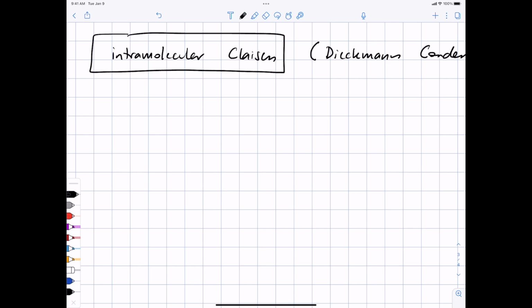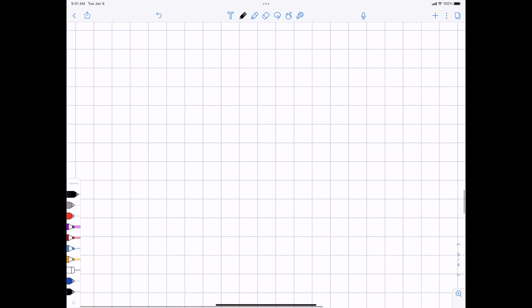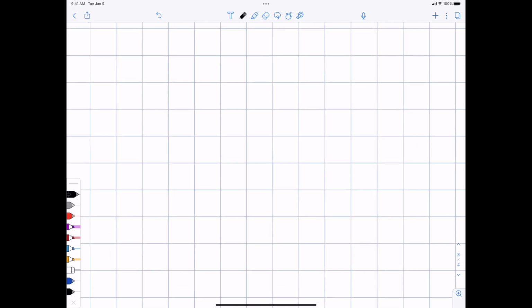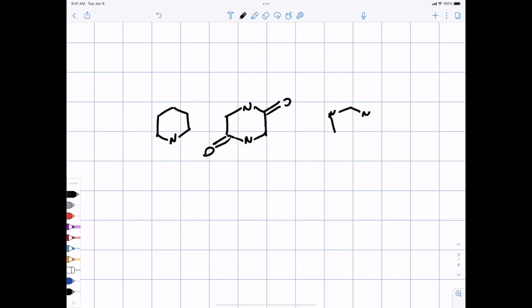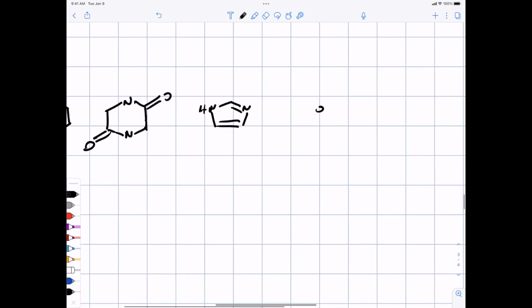The other skill, this is an aside, I'm sorry, that organic chemists use to show off is naming ring molecules that have nitrogens in them. We call them heterocycles. Piperidine, piperazine, diketopiperazine, imidazole, oxazole.